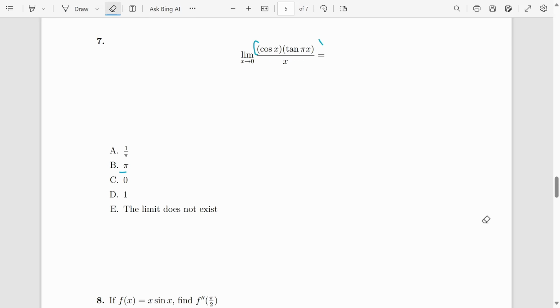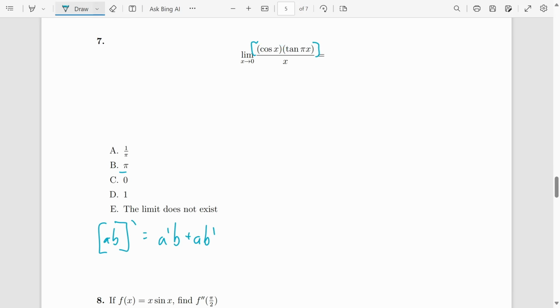So if we take the derivative here, the top derivative is probably going to be the harder one. So this is going to invoke the product rule. Product rule: if you have something in the form of a times b, and you take its derivative, that is equal to a prime b plus ab prime. So in this case, a is cosine x and b is tangent of pi x.